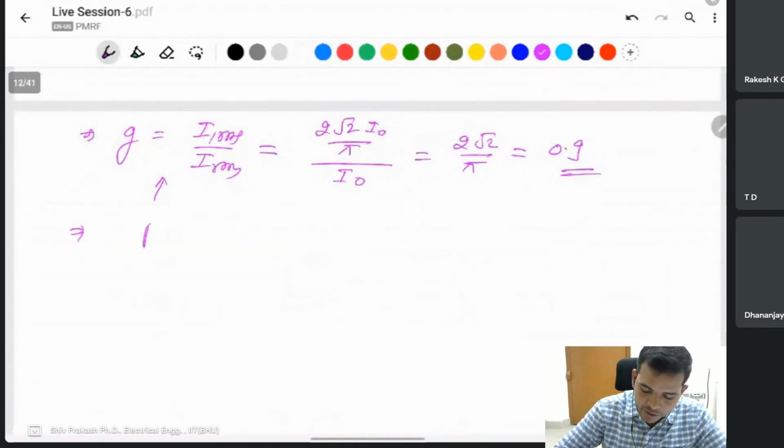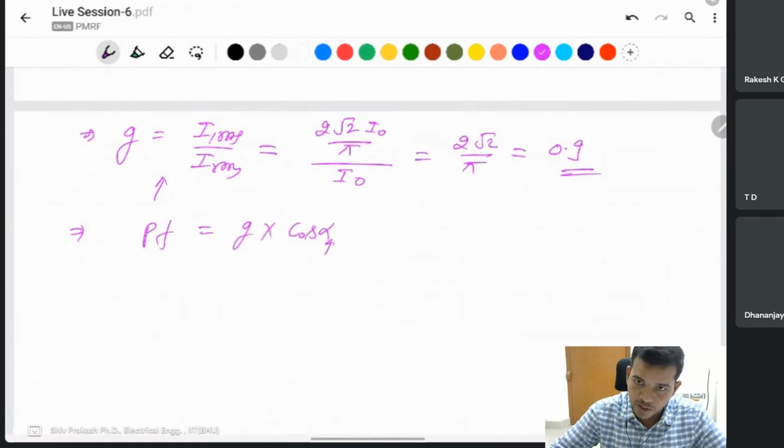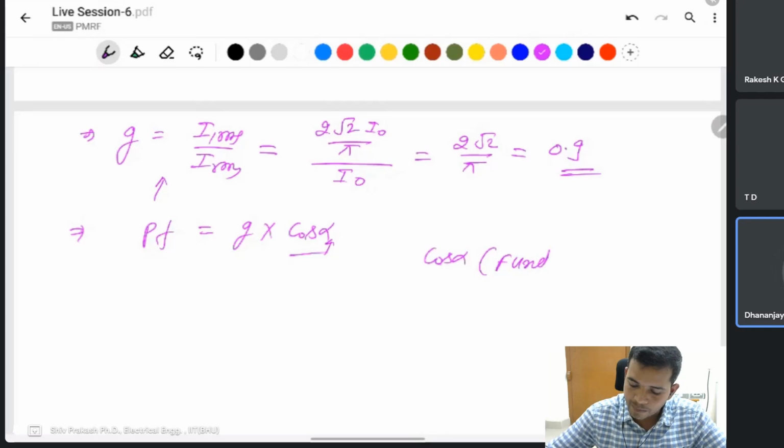Then the final power factor you can say is G into cos alpha. Alpha 1 is the fundamental displacement angle, and cos alpha is the fundamental displacement factor.